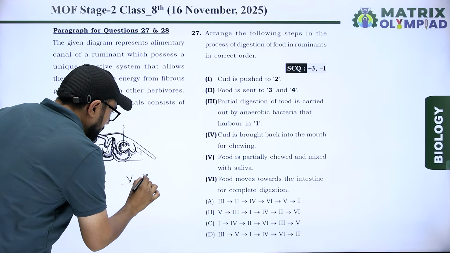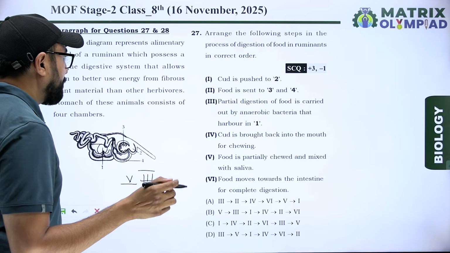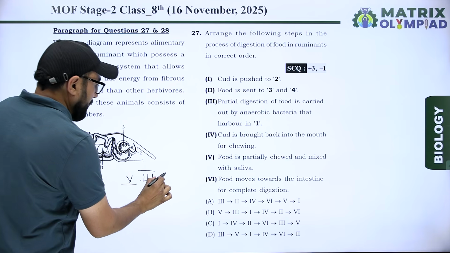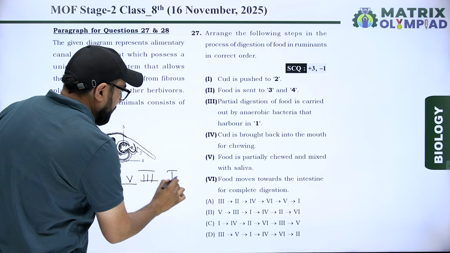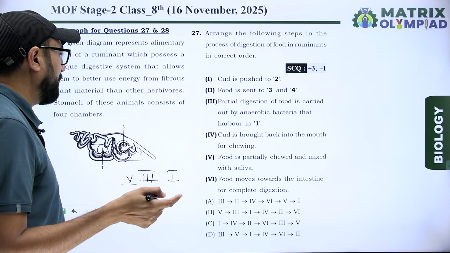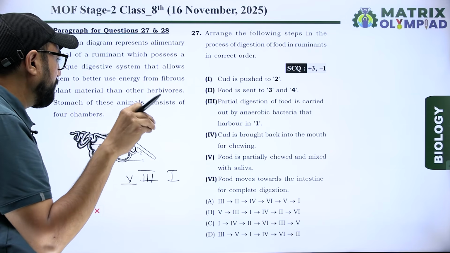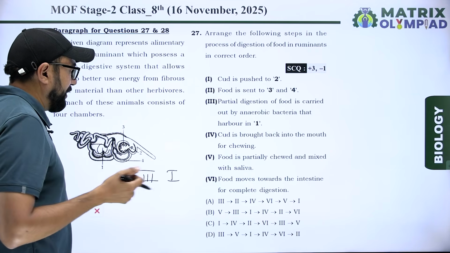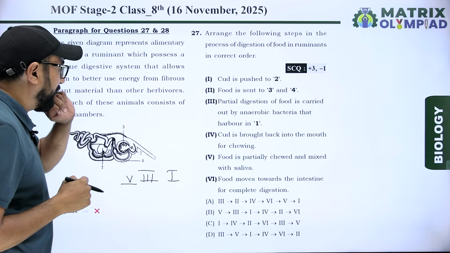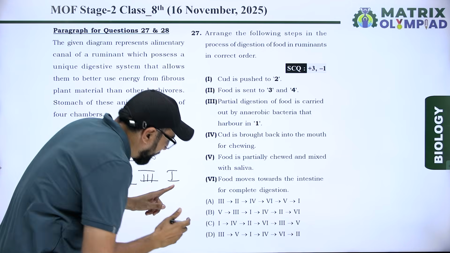So third, curd is pushed to second, this is first. And fourth, curd is poured back into the mouth for chewing for complete digestion, and food moves toward the intestine for complete digestion. So in this order, our right answer is fifth.